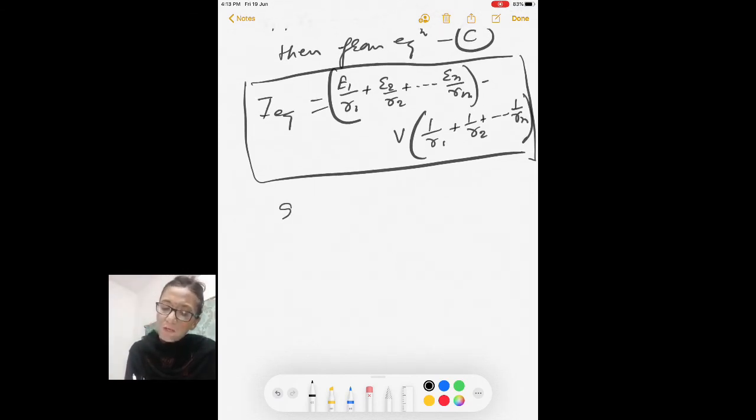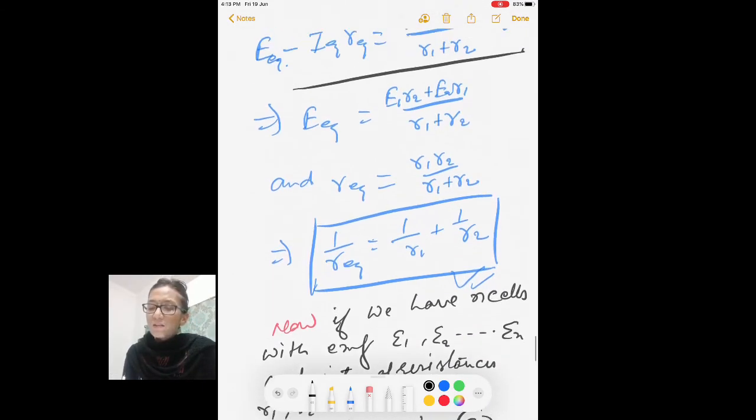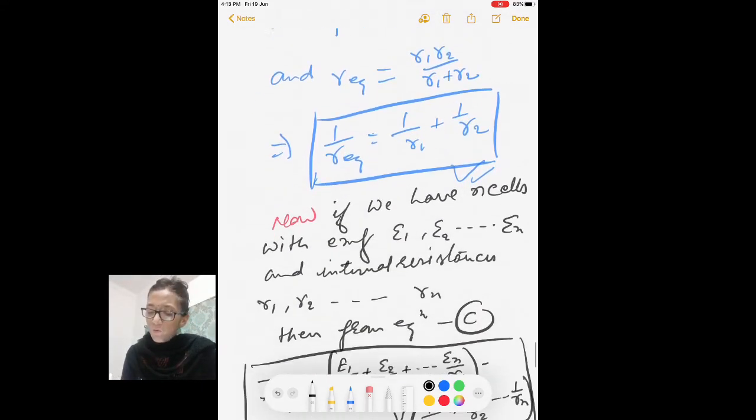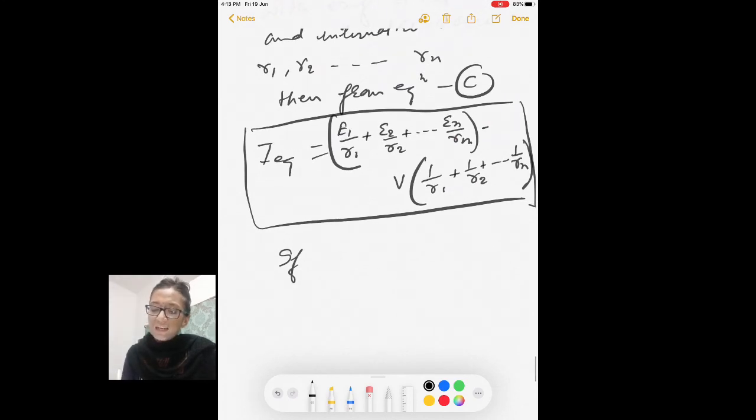Now suppose out of 2 cells, one cell is oppositely connected. The polarity is just opposite.